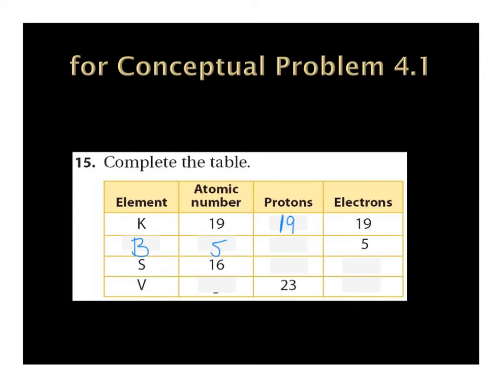This also means that there are 5 protons. If sulfur has an atomic number of 16, that means there are 16 protons and electrons. Vanadium has 23 protons, so it's going to have 23 electrons to balance that out. It will have an atomic number of 23.